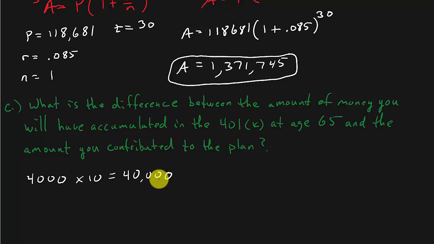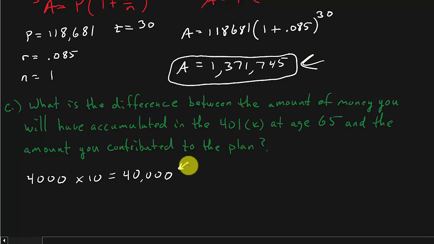So the difference between the amount that you accumulated in the plan, which is this one, and the amount you contributed, that difference, all right, that's what they're looking for. They want to know the difference between that. Now, I know one thing you might be thinking.